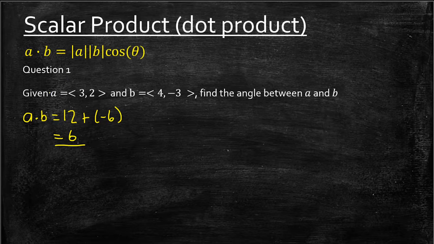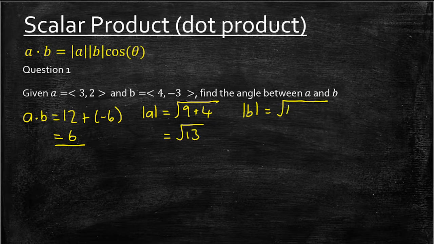Then we need to find the modulus of vector A and the modulus of vector B. So the modulus of vector A is going to be the square root of 3 squared plus 2 squared. And that's going to give us the square root of 13. And the modulus of B is going to be the square root of 4 squared plus negative 3 squared. And that's going to give us 5. That's a 3, 4, 5 triangle.